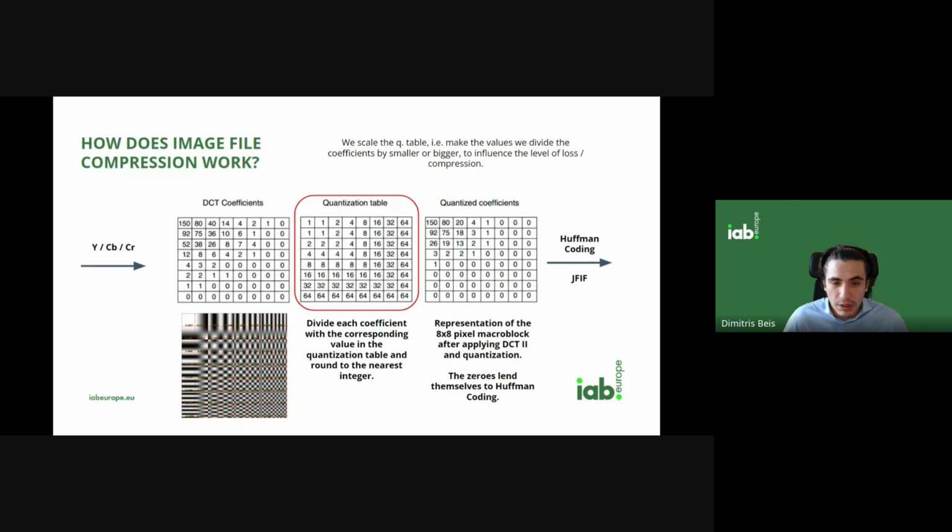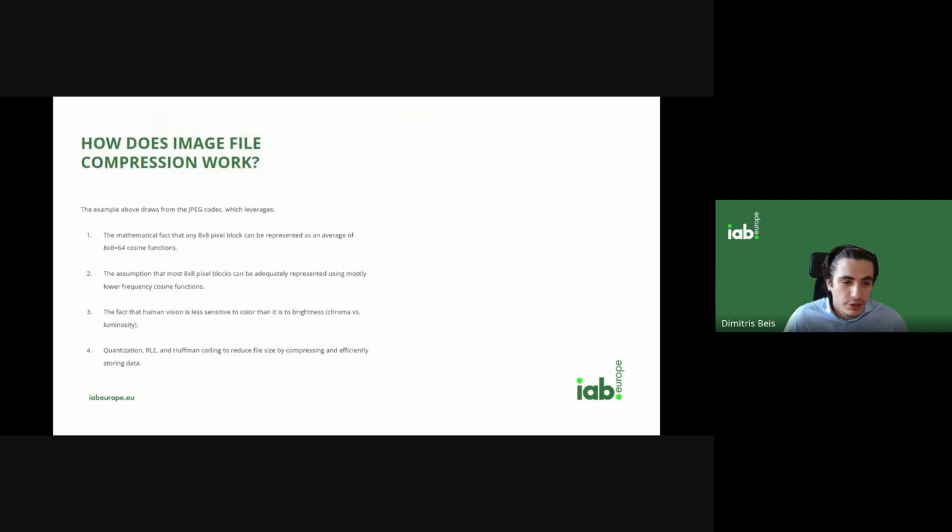That means that when we quantize, this is actually a pretty good representation of the image. And then, human vision is less sensitive to color than it is to brightness. That is why we can get away with things like color downsampling. And then finally, it also leverages entropy coding to reduce the file size after we have come up with all of these zeros.